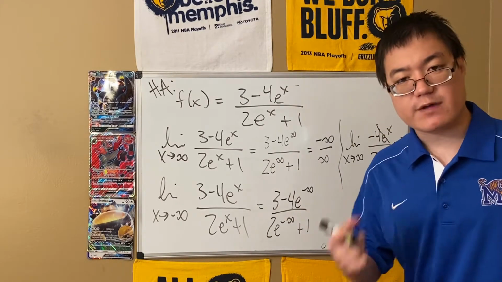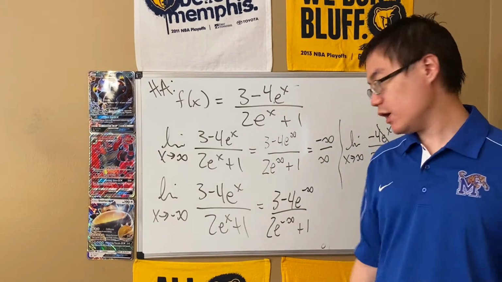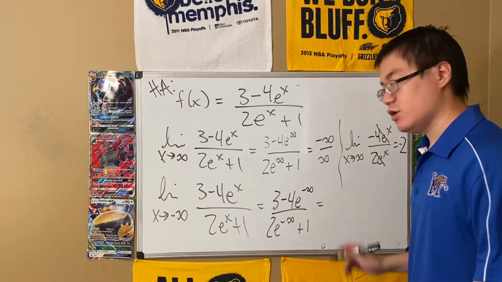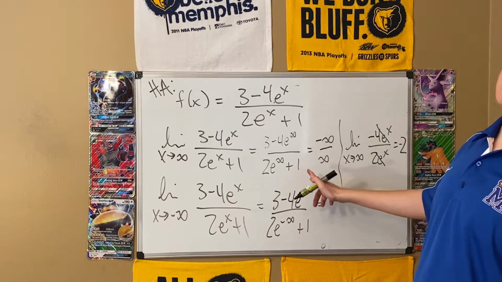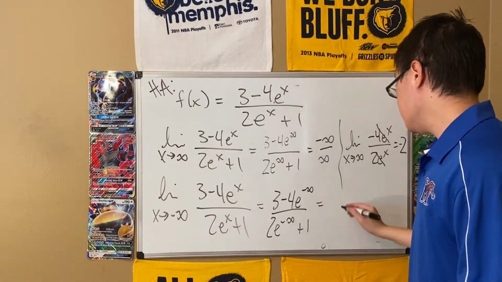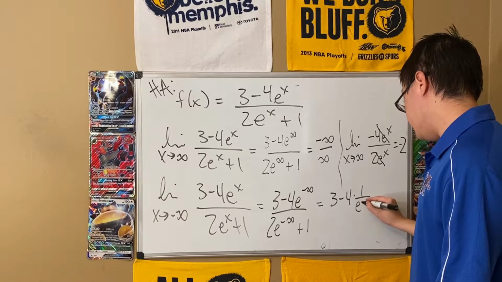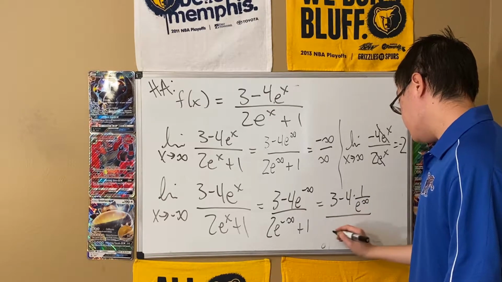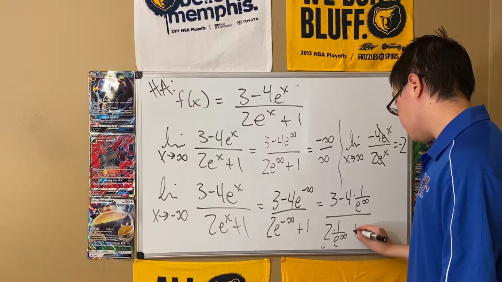From our limits involving infinity video, you might know what e to the negative infinity is off the top of your head, but if you don't, what I like to do is think of it as a negative exponent, because it is a negative exponent. So I'm going to write it as 1 over e to the infinity. So it's going to be 3 minus 4 times 1 over e to the infinity, over 2 times 1 over e to the infinity, plus 1.